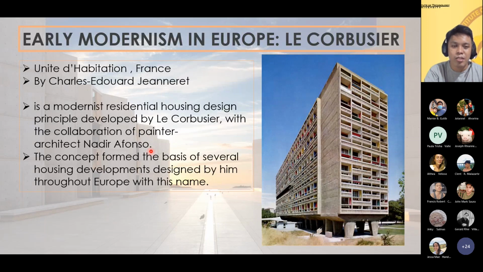So this concept formed the basis of several housing developments designed by him throughout Europe. So before medyo daghang tawo ani, but right now I think gamay na lang ang nagagamit ani. But still it's one of the historical landmarks in France and also in Berlin.